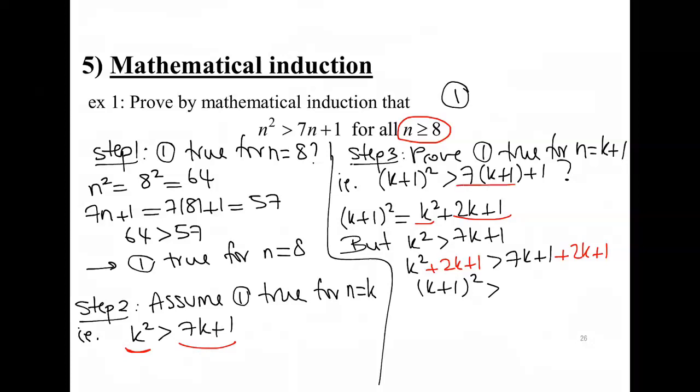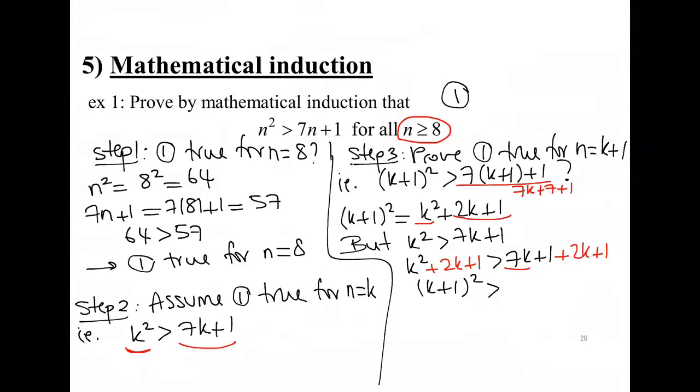I have 7 into k plus 1 plus 1, which basically is 7k plus 7 plus 1. So over here, I already have a 7k. So I need a plus 7 next to it in order to reach 7 into k plus 1.